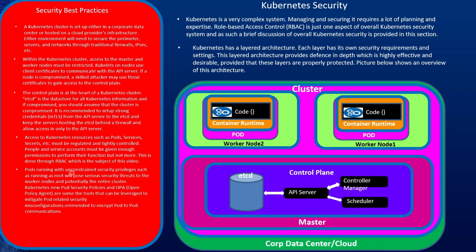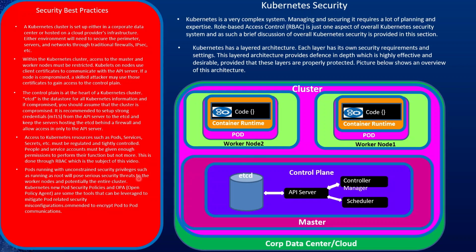Pods running with unconstrained security privileges, such as running as root, pose serious security threats to the worker nodes and potentially to the entire cluster. By default, pods actually run as root, which is not a good thing because the hacker can use that privilege to attack the worker node, and through that, attack the control plane.